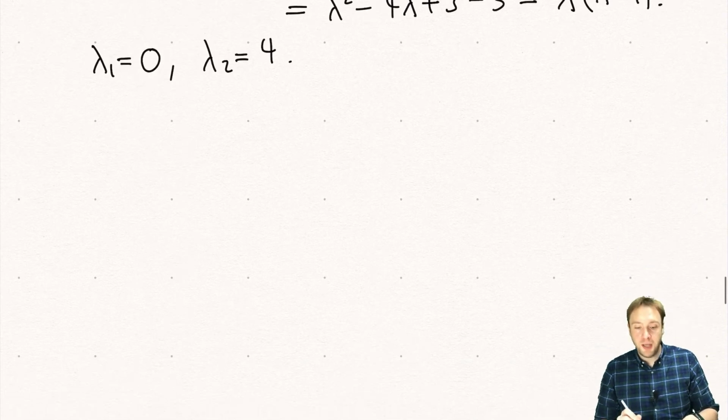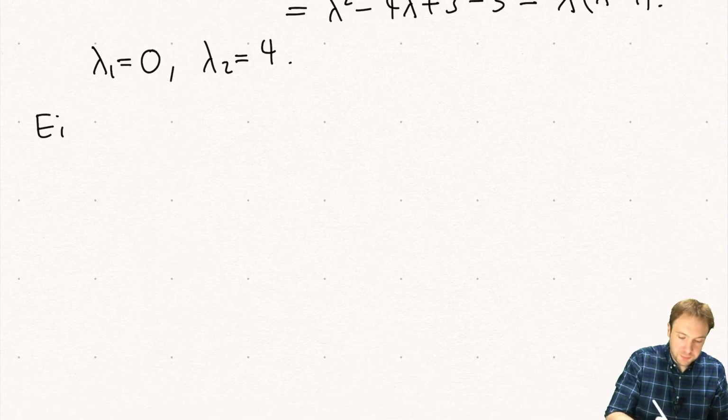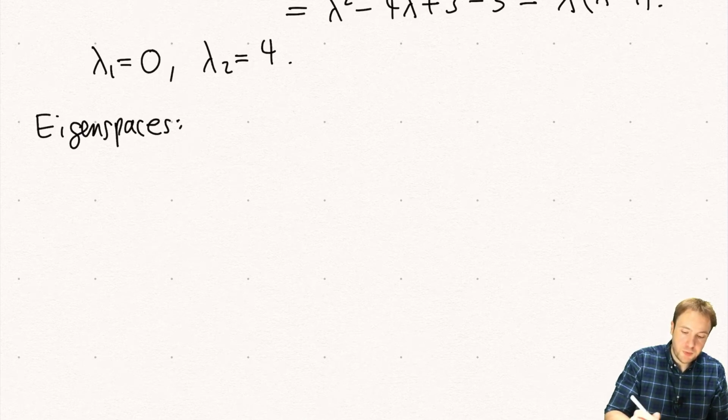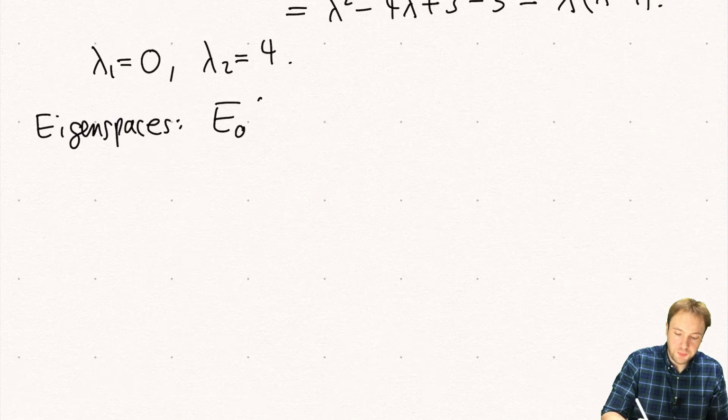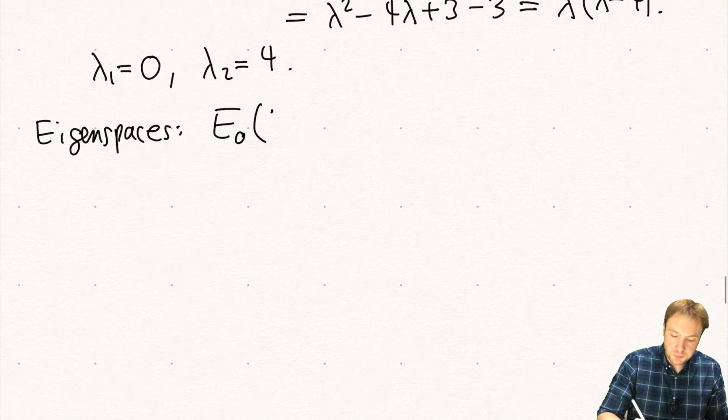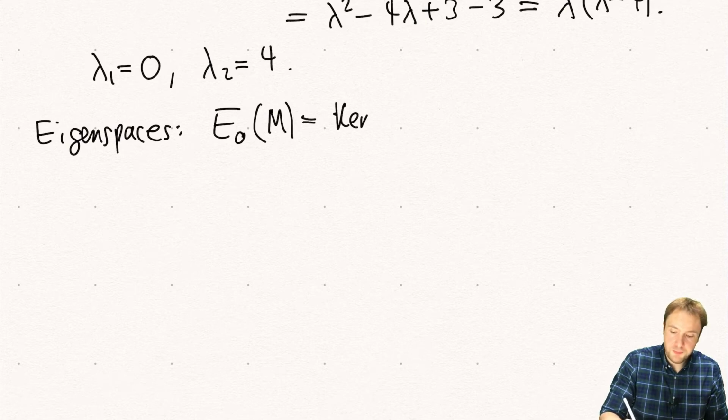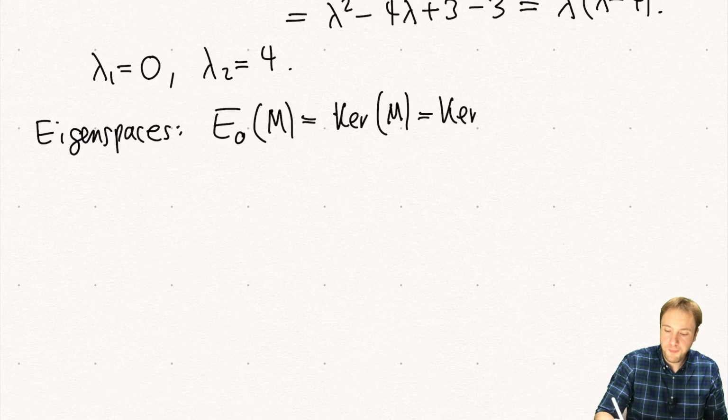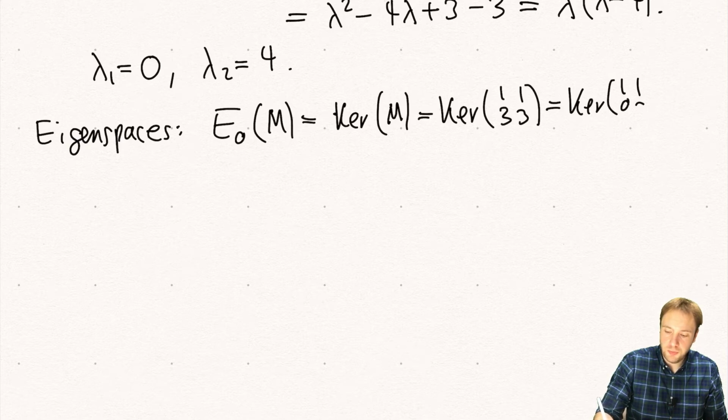So now the eigenspaces. So for the 0, this is just the kernel of M. And this is just the kernel of 1, 1, 0, 0.